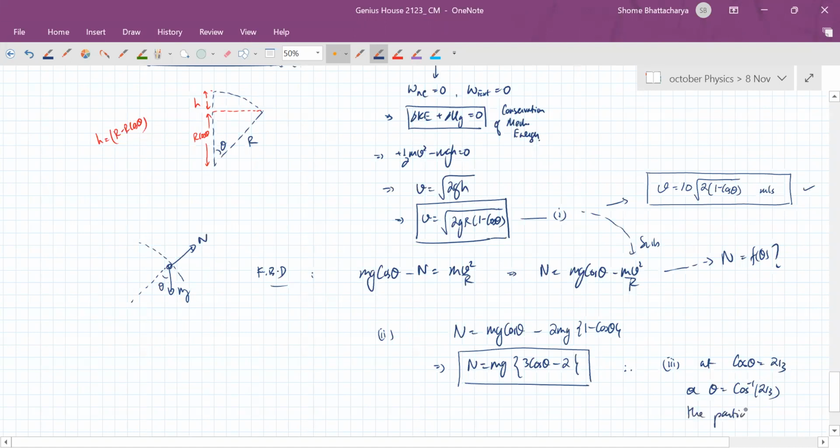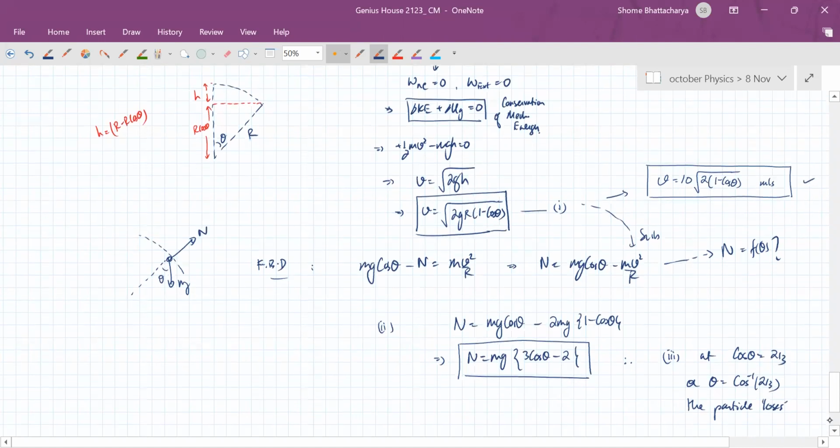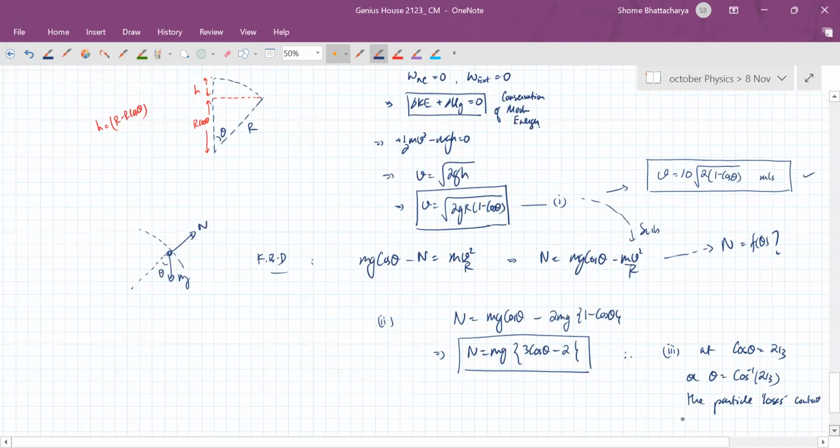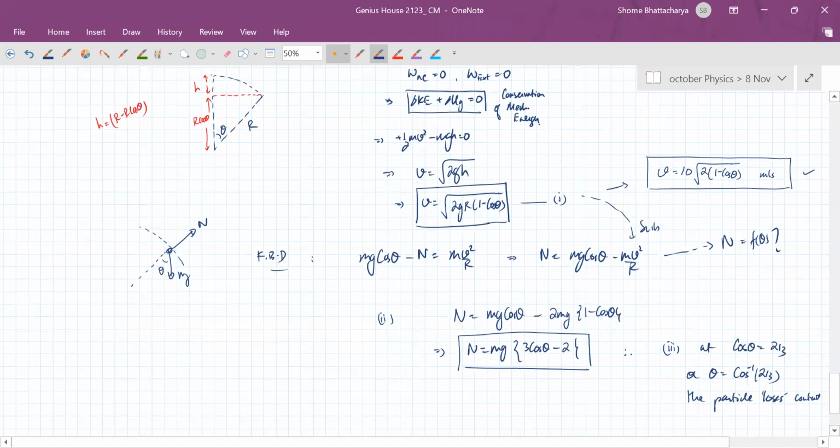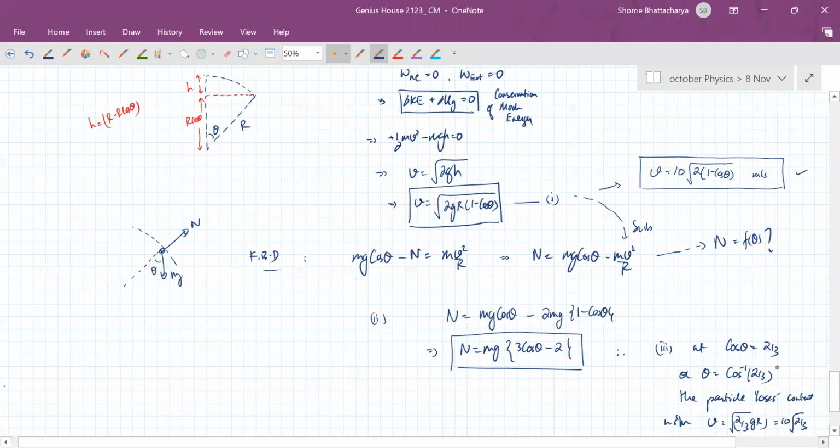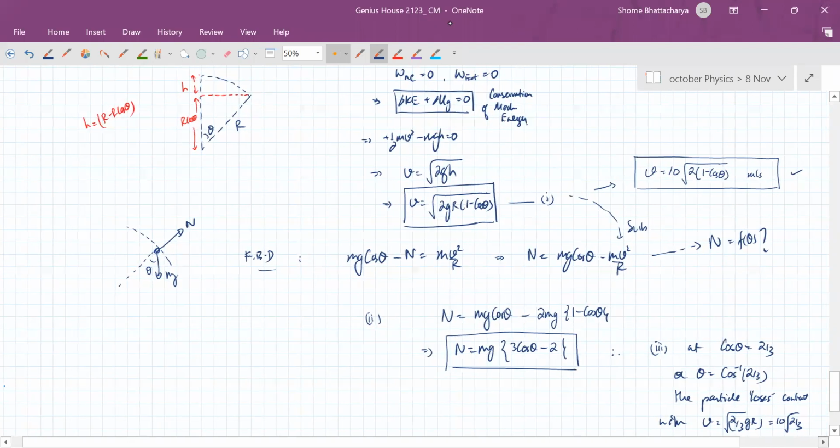the particle loses contact with a speed v of something like this.